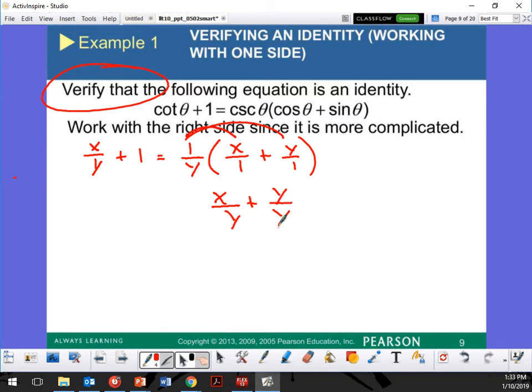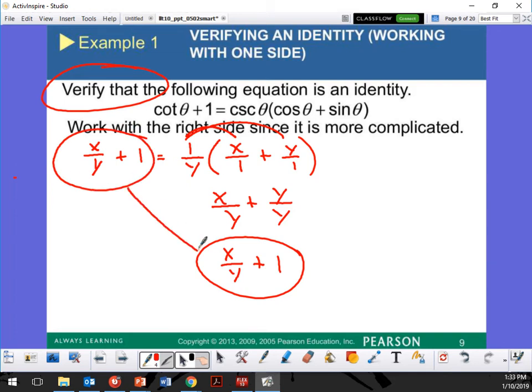What is y over y? 1. It reduces to 1, right? So I'm now going to have x over y plus 1, right? Now, is this the same as this? They are the same. Since they are now the same, I have verified that identity.